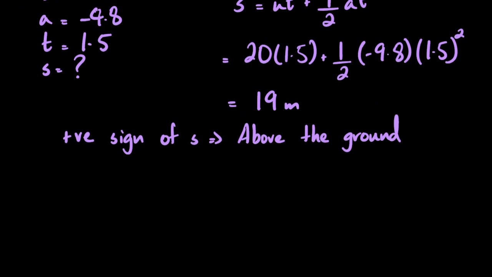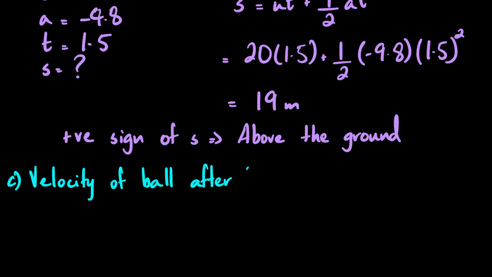So all of these answers will make sense according to your sign convention. Let's add a part C, which is the velocity of the ball after 3 seconds. So again, the initial two variables are the same.